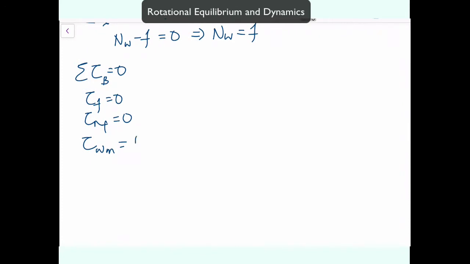So what's going to be happening is the weight of the man multiplied by the lever arm, which is 2.5 meters, multiplied by sine of angle 30 degrees.